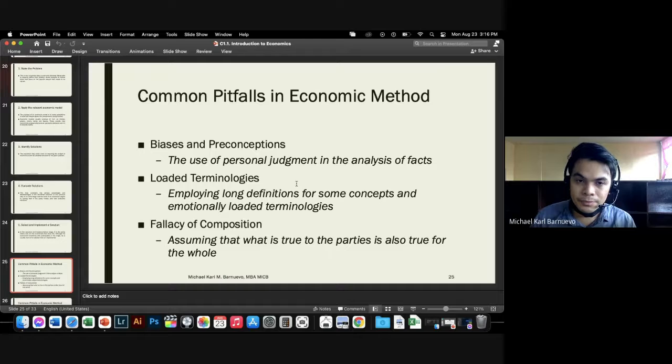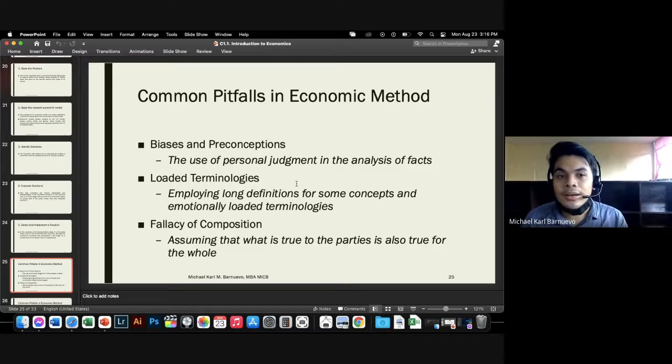Some of the terminologies in economics are, if I may say, highfalutin. Very heavy kung papakinggan. But these terminologies or concepts are something that we do on a daily basis. So we can relate to these concepts. But because of the terminologies used, minsan natatakot tayo. We stay away from the discussion just because of the terms used.